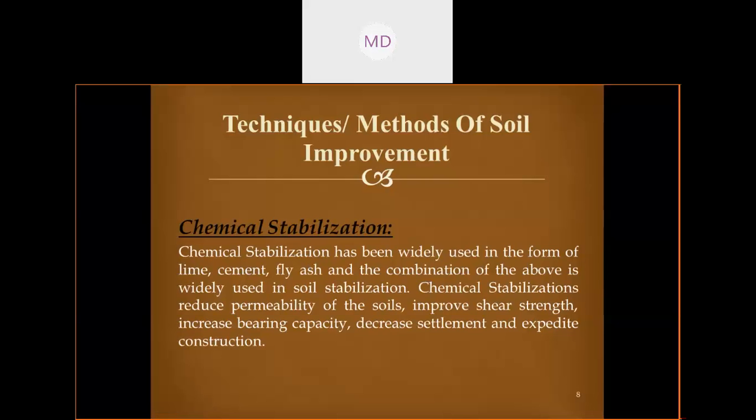These are either used individually, or you can combine two or more chemicals for stabilizing the soil. Chemical stabilization reduces permeability of the soil, improves shear strength, increases bearing capacity, decreases settlement, and expedites construction. Ultimately, if the stabilization of the soil is done, these things will automatically get reduced or improved.